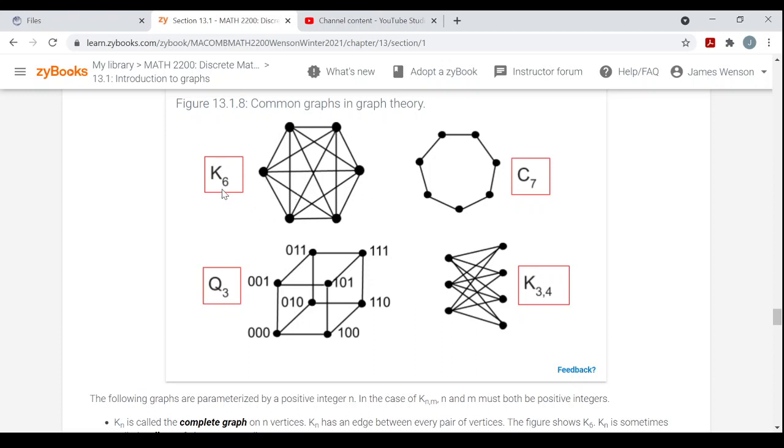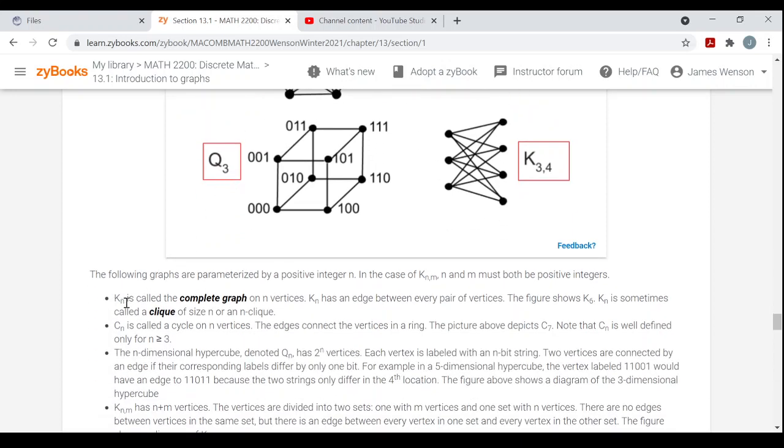So a complete graph is a regular graph. Every vertex has the same degree, and the degree is going to be 1 less than the number of vertices, because again, every vertex is adjacent to every other vertex. So K sub n is called a complete graph on n vertices.